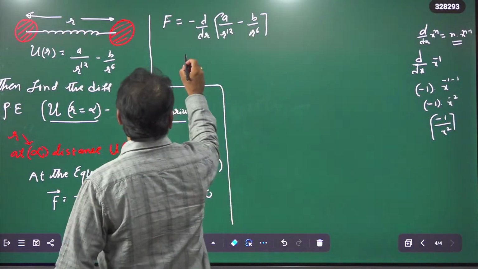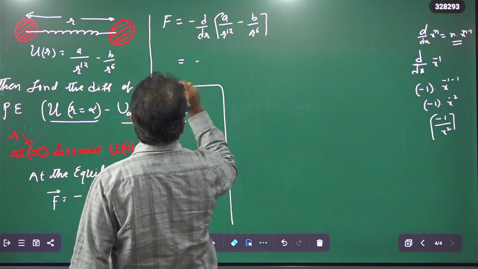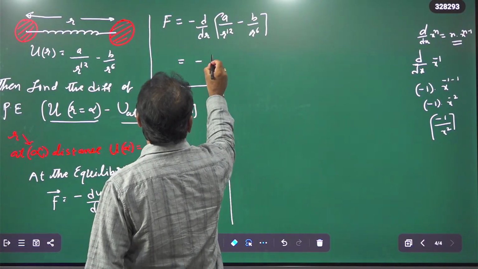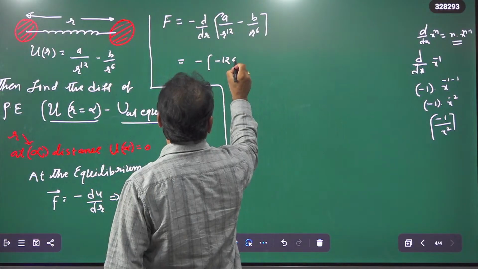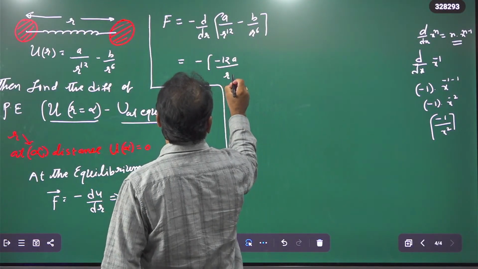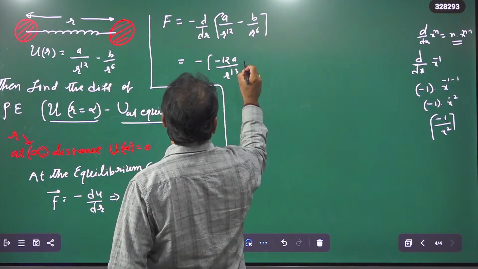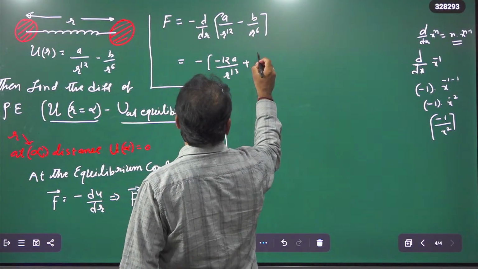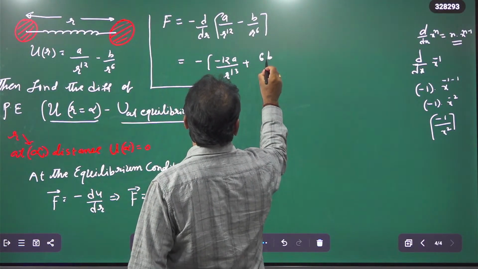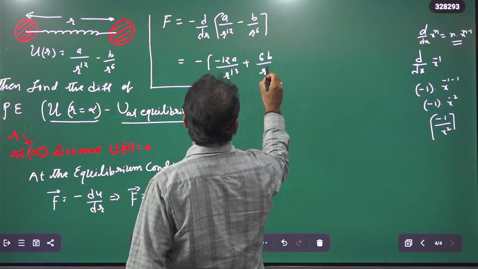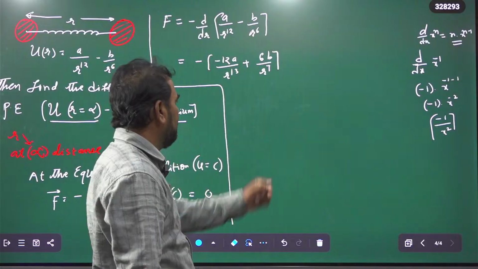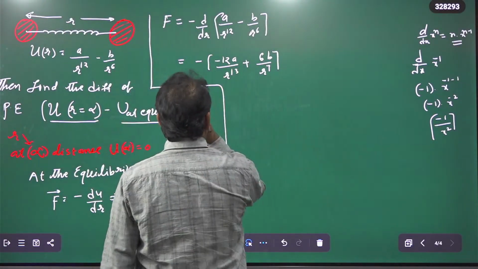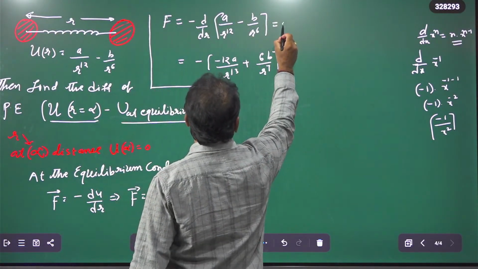What you will get here is minus of minus 12a upon r to the power of 13, plus 6b upon r to the power of 7. Is it clear? You can multiply, and that would be equal to 0.